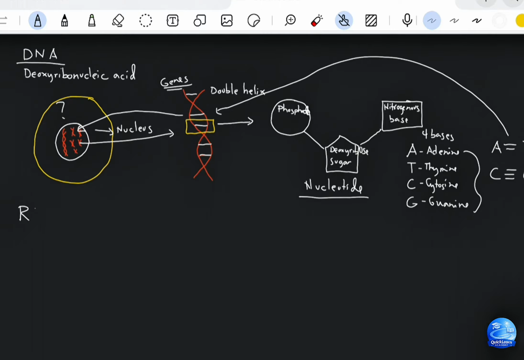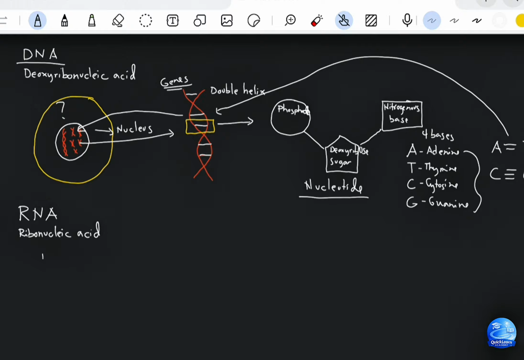R, N, A. RNA stands for ribonucleic acid. And if DNA is the master blueprint, RNA is the working copy. Imagine you're building a house. You probably wouldn't carry the original blueprint everywhere. You'd make a copy. That's basically what RNA does.